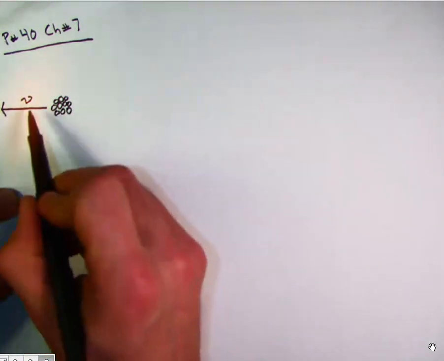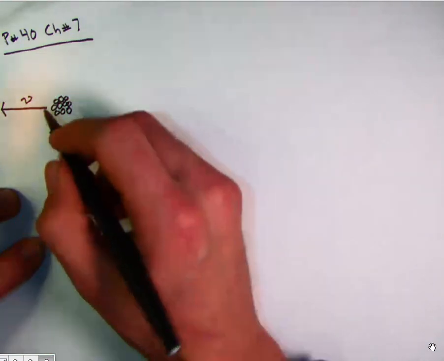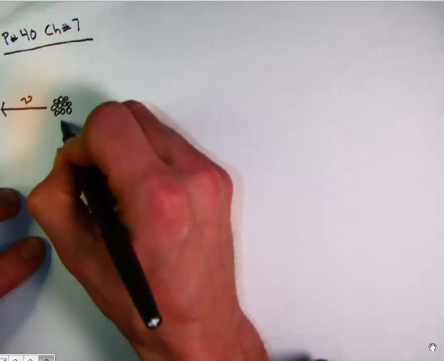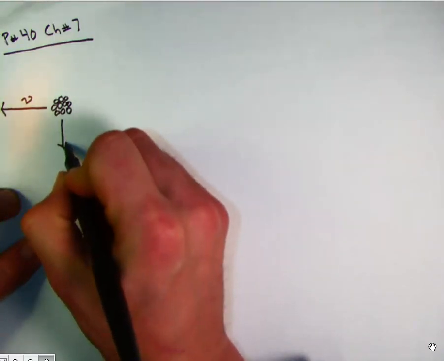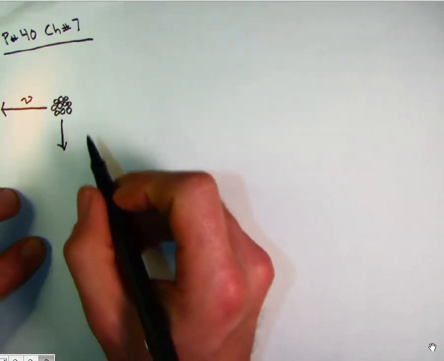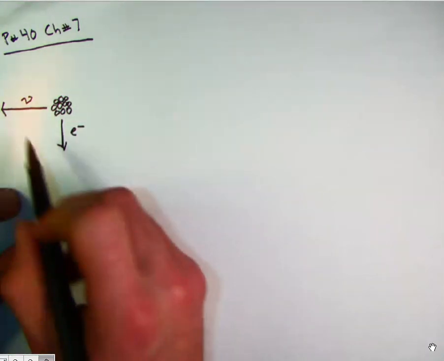Neutrinos are represented by the Greek letter nu. And then there's also an electron that comes out of the nucleus, and the problem states that it comes out at a 90-degree angle from the neutrino.